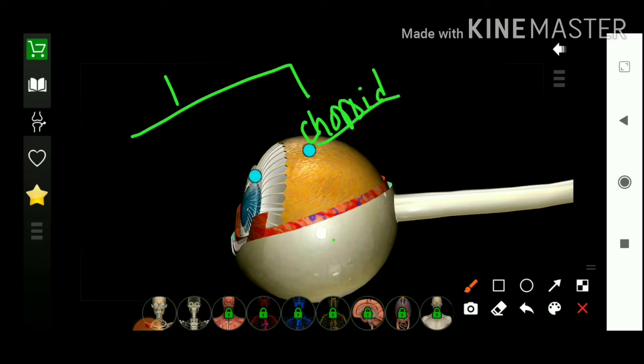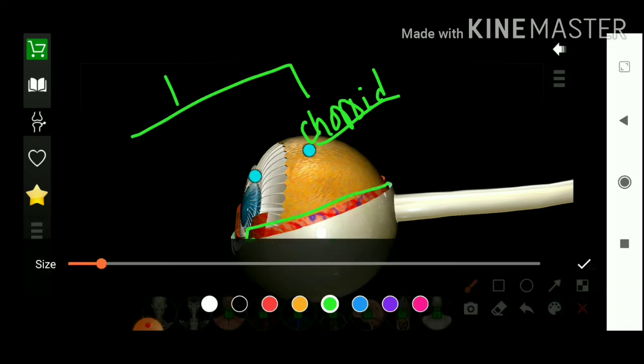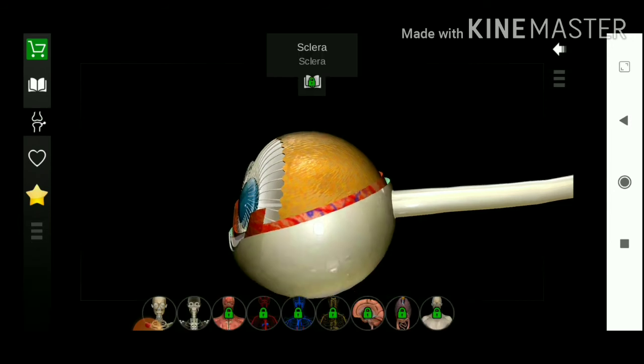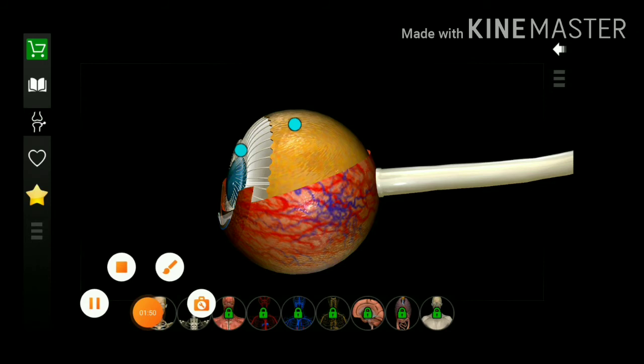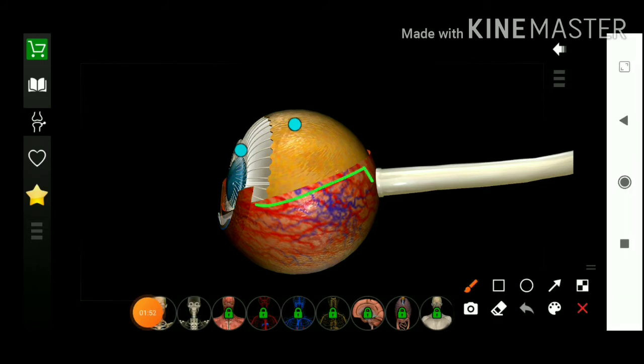You can see, let us remove it. This is the choroidal region. This choroid continues forward and forms the ciliary body. I am showing only half of the ciliary body here.